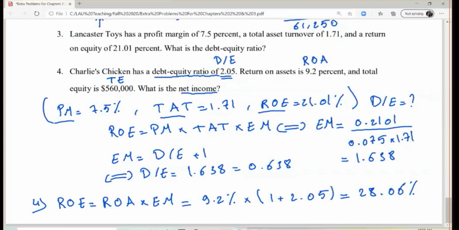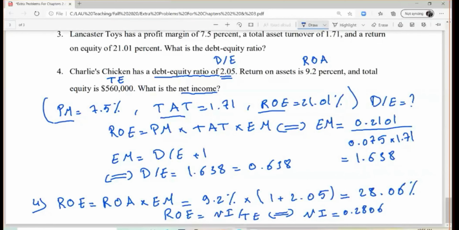Return on equity equals net income divided by total equity. So net income equals return on equity, 0.2806, times total equity, 560,000. So the answer is 157,136.